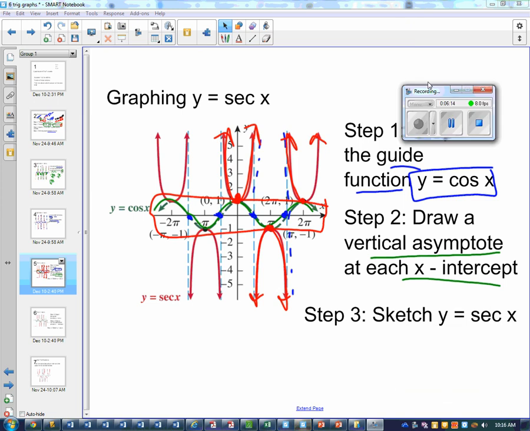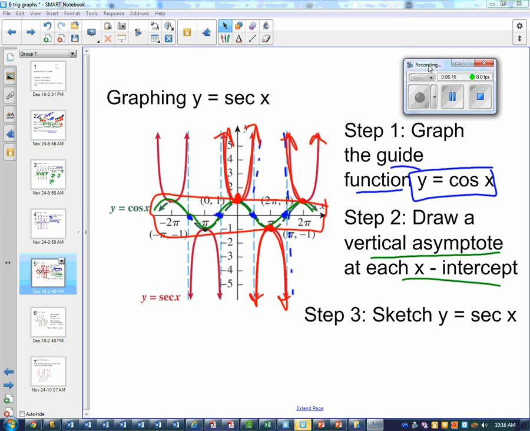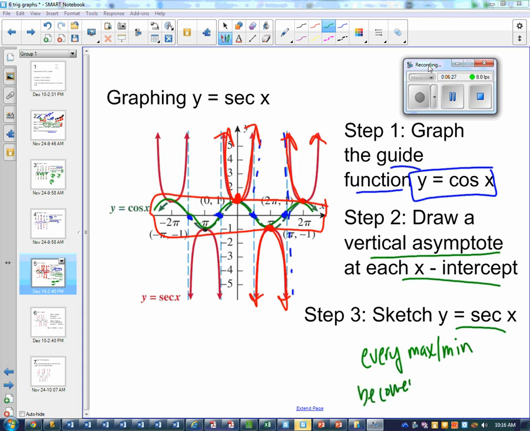So I'm going to add that in. We're going to sketch y equals secant. Every max and min becomes a vertex of a parabola. And so secant x is just a bunch of parabolas over and over and over.